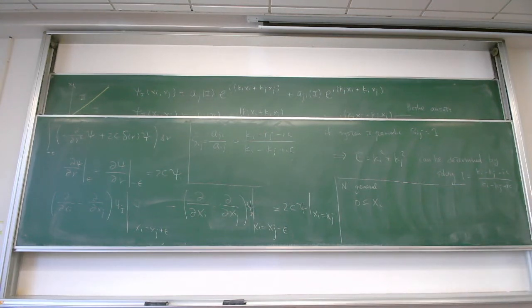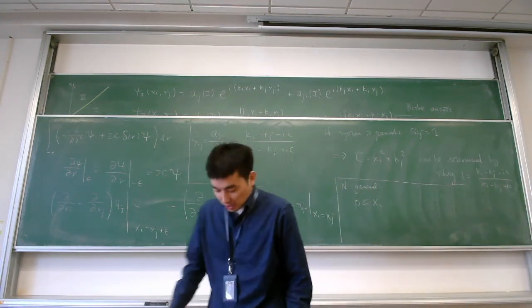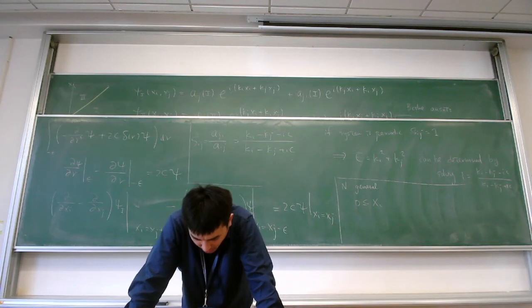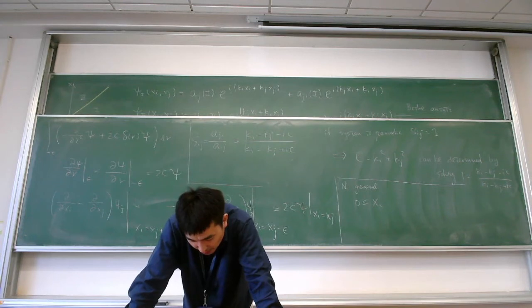If this is equal to 1, then c has to be 0. Which means there's no interaction. I see. Yeah, you're right. Maybe I got something wrong.